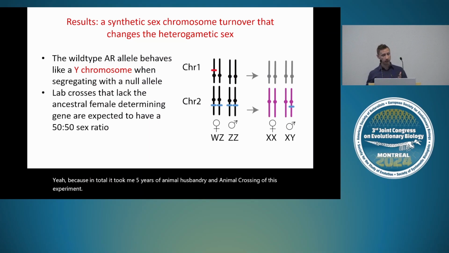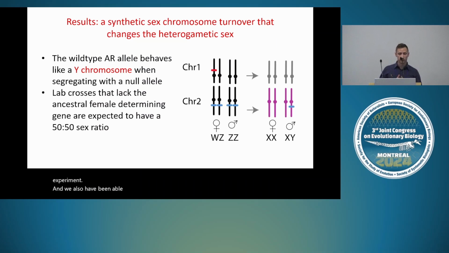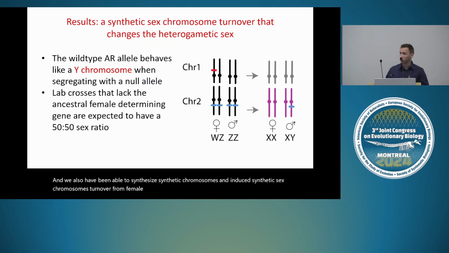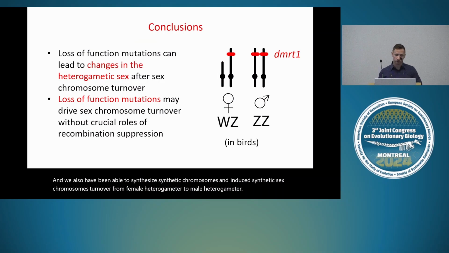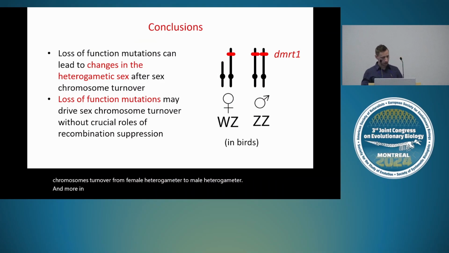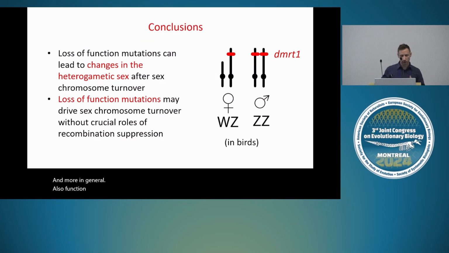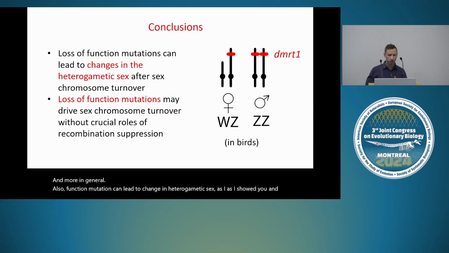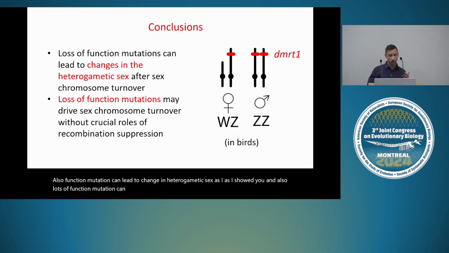We have also been able to synthesize synthetic sex chromosomes and induce synthetic sex chromosome turnover from female heterogamete to male heterogamete. More generally, loss of function mutation can lead to change in heterogametic sex, as I showed you, and can also drive sex chromosome turnover without the need of recombination suppression as other models require.